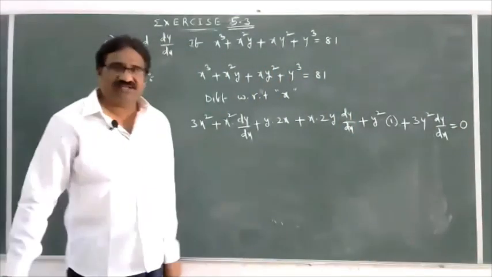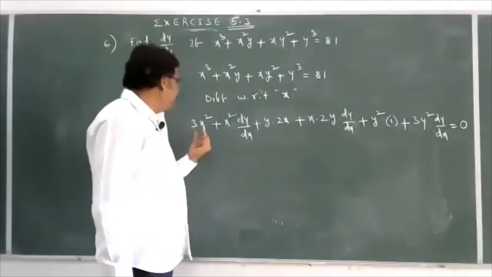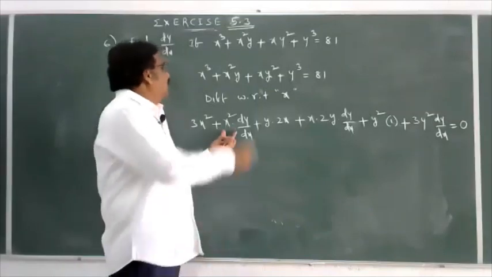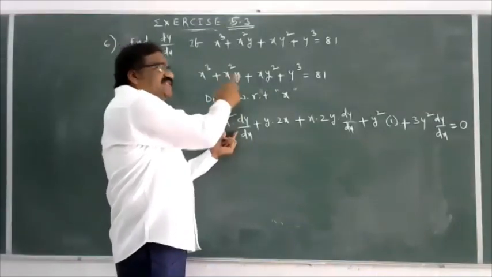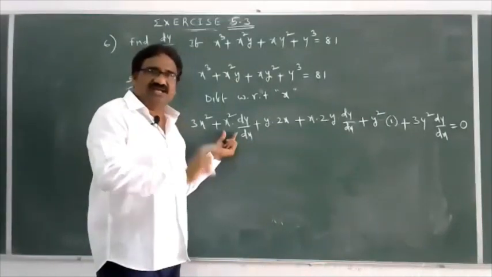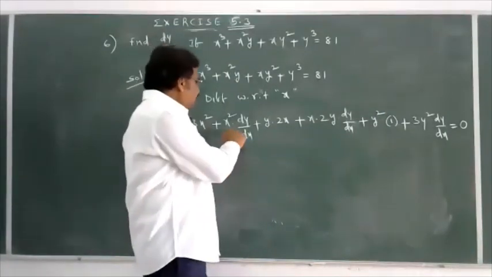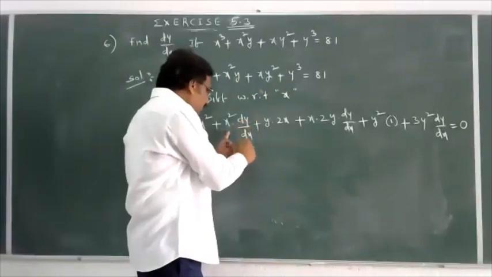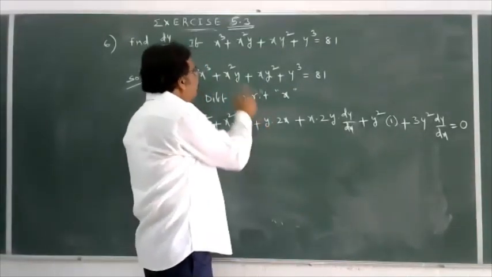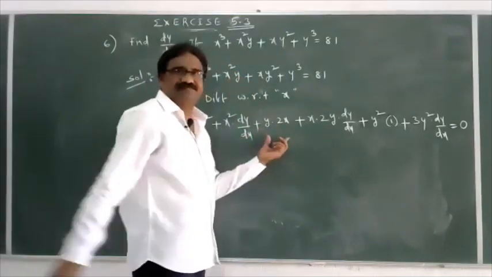Again listen carefully. Here x cube derivative is 3x square by using x power n formula. Here x square into y, using the product rule, x square is one function, y is the another function. So first function x square into derivative of y dy by dx plus second function y into derivative of x square is 2x.